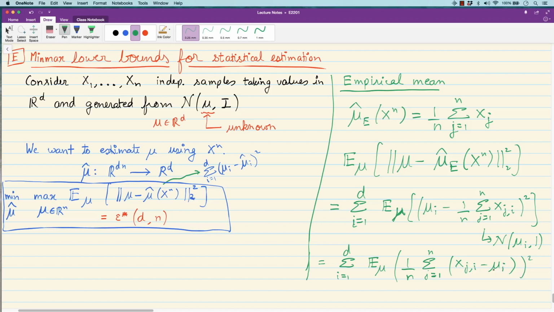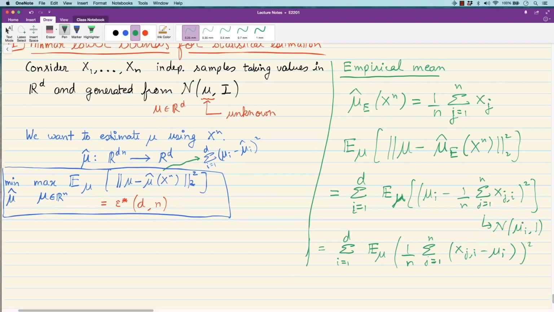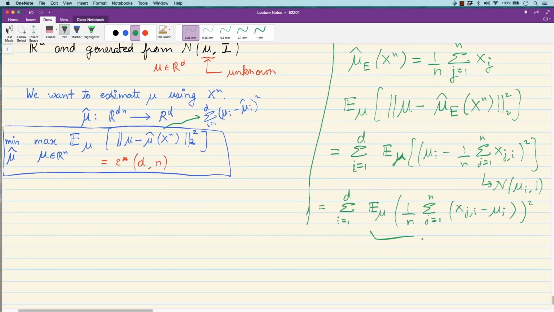Note that each x_j^i has mean mu_i, so this is actually the mean of these guys. So this term here is exactly equal to the variance of 1 by n summation j equal to 1 to n x_j^i.